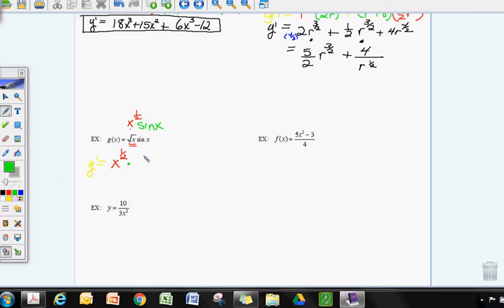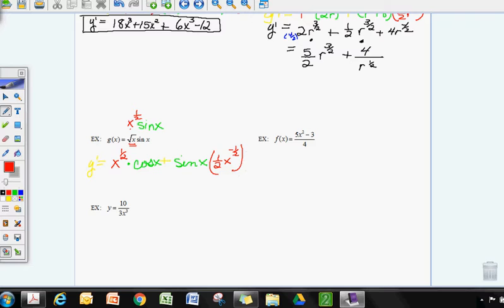The derivative of a sine is a cosine of x. Add it on to that the second term, sine of x, and then the derivative of the first term, the 1/2 x raised to the negative 1/2 power.